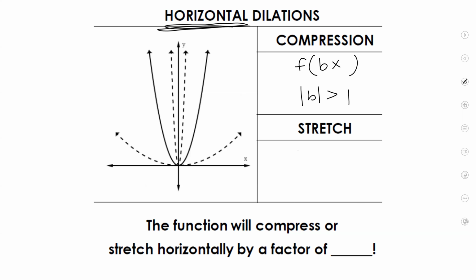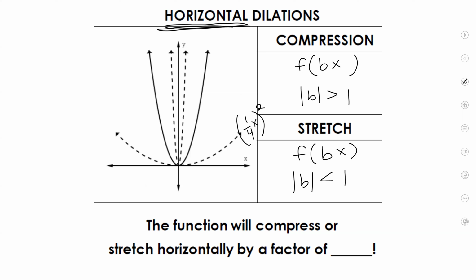Okay, same thing. If the number is inside of the parentheses, if B is less than 1, it's a horizontal stretch. Okay, so this is an example right here of a horizontal stretch. If it's inside of the parentheses, that's a horizontal stretch.